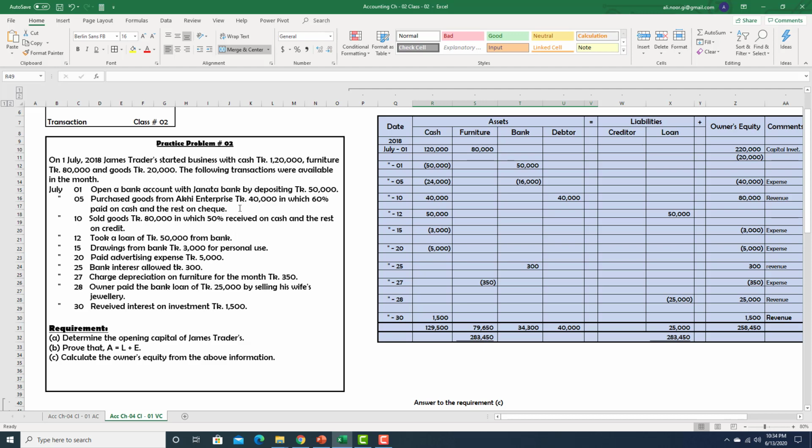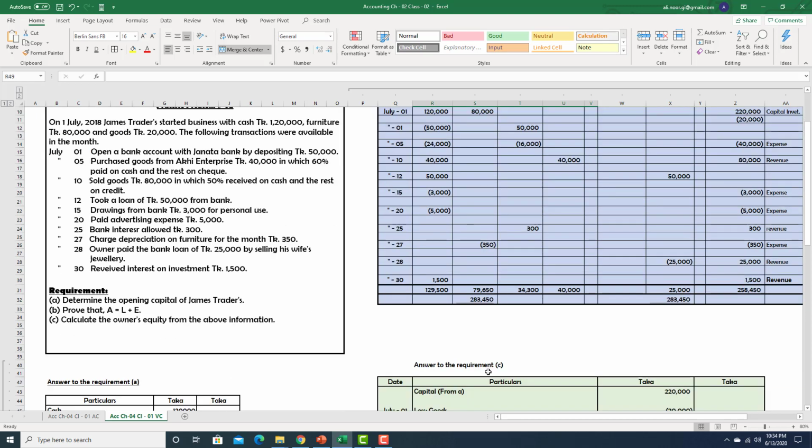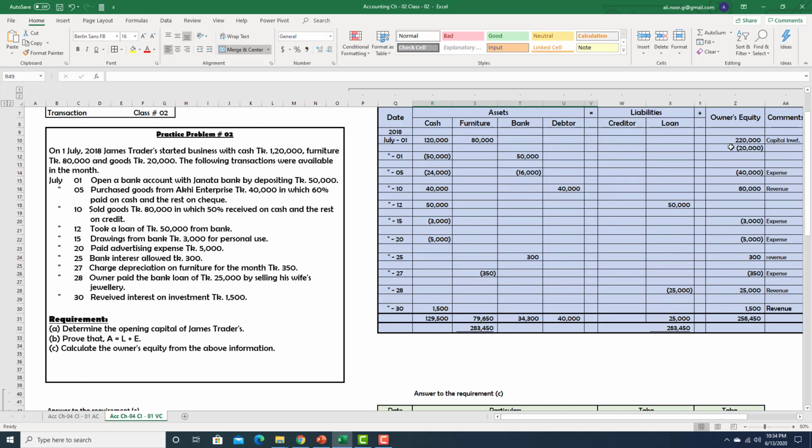One thing I would like to say is that you need not study the full math every time. If you are asked to prepare this tabular format before calculating owner's equity, you can find all the information here. You have done all of it already in the owner's equity tab or field.